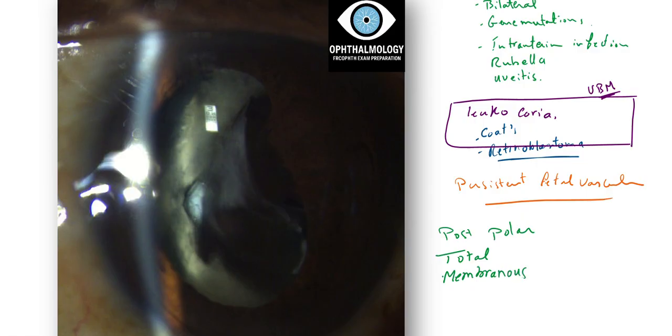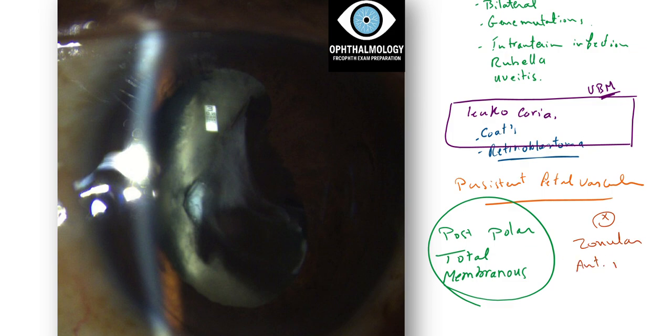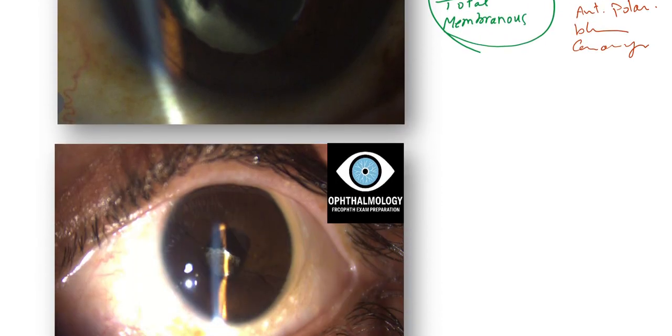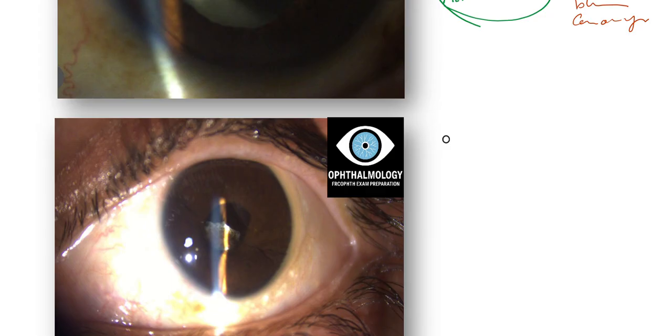So a child with such kinds of cataract needs treatment, while you don't need to treat zonular or anterior polar, and of course the blue dot, the coronary cataract. You don't need to treat this. These are usually visually non-significant. These photos were taken from adult patients actually.